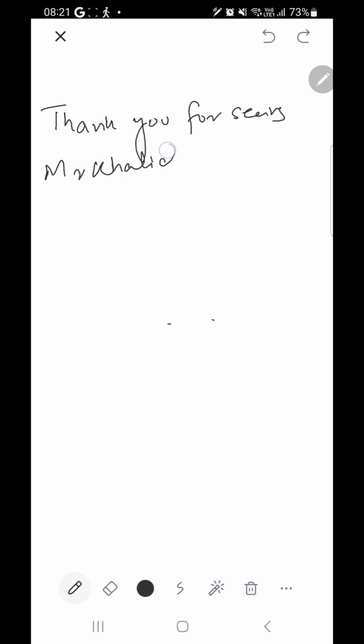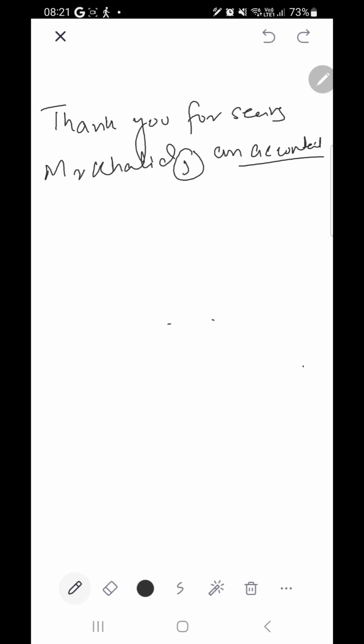The general rule for grammar is when we will be using an appositive, in this format, let's say, thank you for seeing Mr. Khalid, we need to put a comma over here. Let's say an accountant, if it's important to write it down.